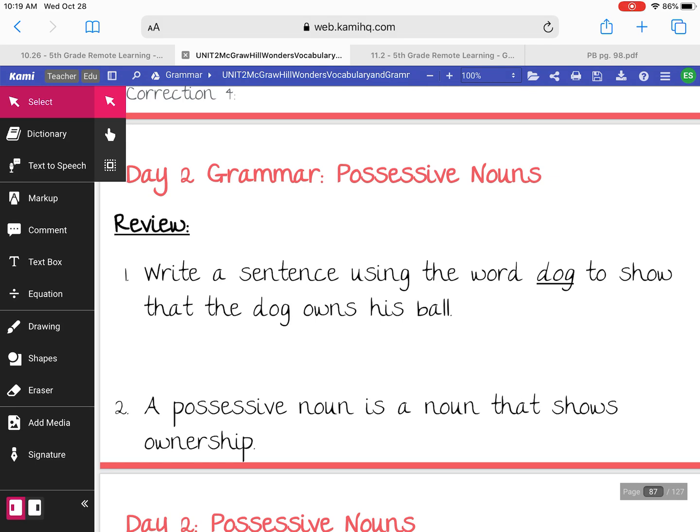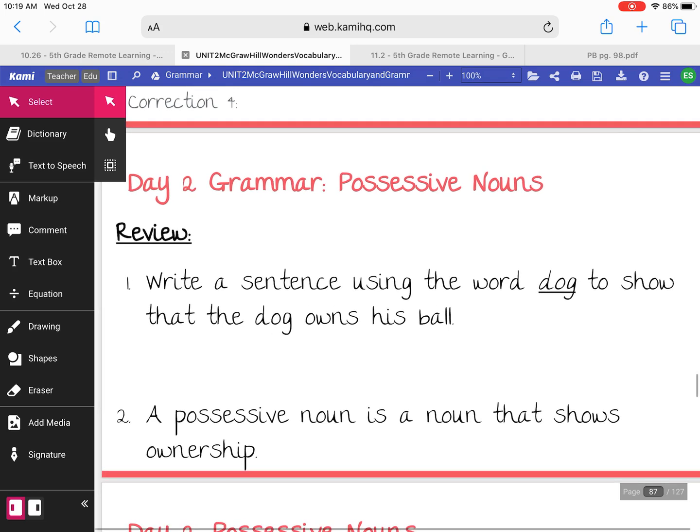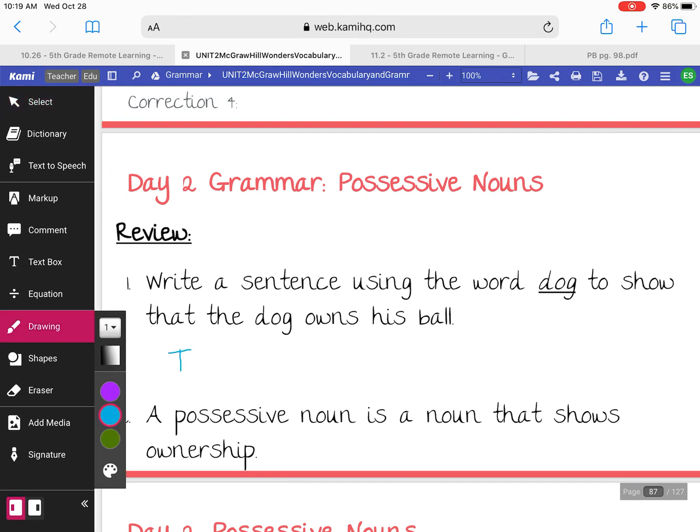Okay, we're back. I'm going to do an example, and if yours is similar to mine, then you can give yourself a star. It says, write a sentence using the word dog to show that the dog owns the ball. Here's my word, dog, and he has to own the ball.